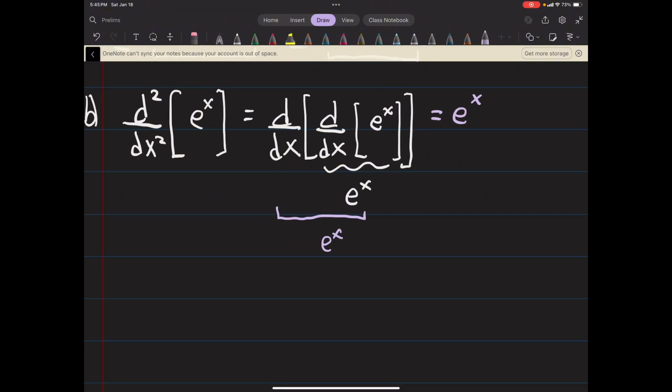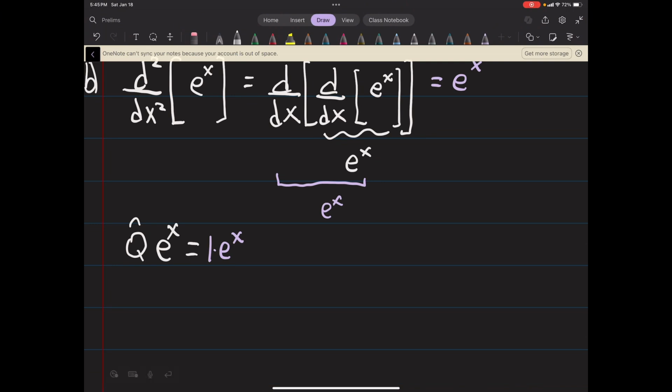So we have Q hat e to the x equals 1 times e to the x, where Q hat is just this operator. So clearly this is an eigenfunction. We get our function back, and the eigenvalue is just 1.